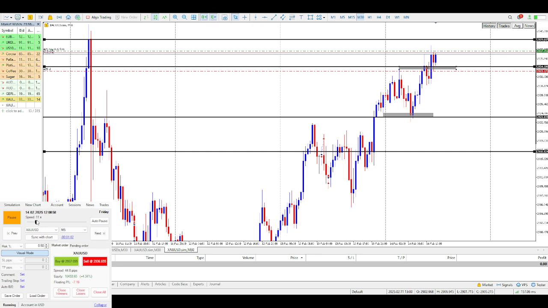Let me increase the speed a bit. Let's see how this M15 will close.